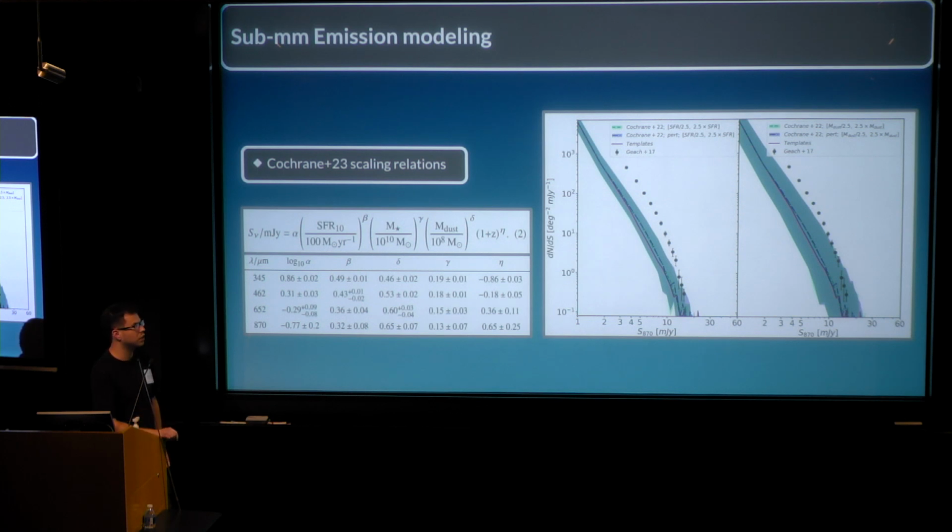So what we are trying to do is to constrain those values to also predict that number count. So this is a way that we could solve the under prediction of the number counts of SMGs. I don't know if we will have an answer or not, but at least we are trying to do that.